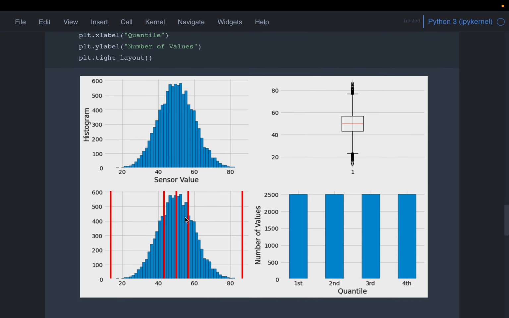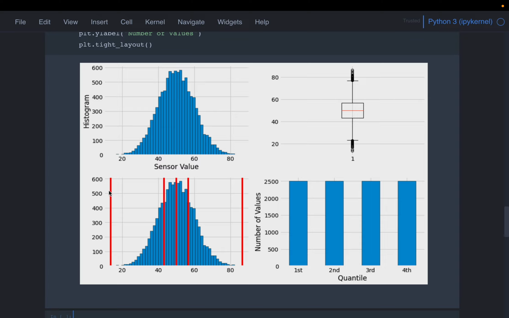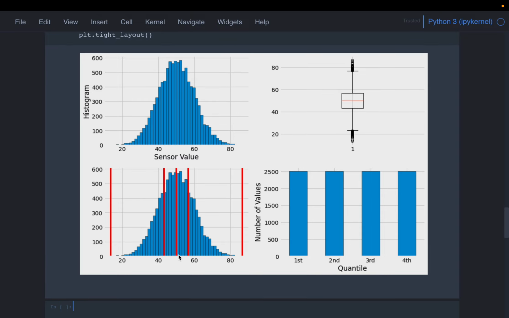Okay. So again, the same histogram. Here we are showing the quantile values. Okay. So this is the median value. This one is Q1. This is Q3. And this is the minimum value, this is the maximum value. So between this minimum value and Q1, we would have 25% of the data. If you sum the height of all these histograms, that would represent 25% of the data.